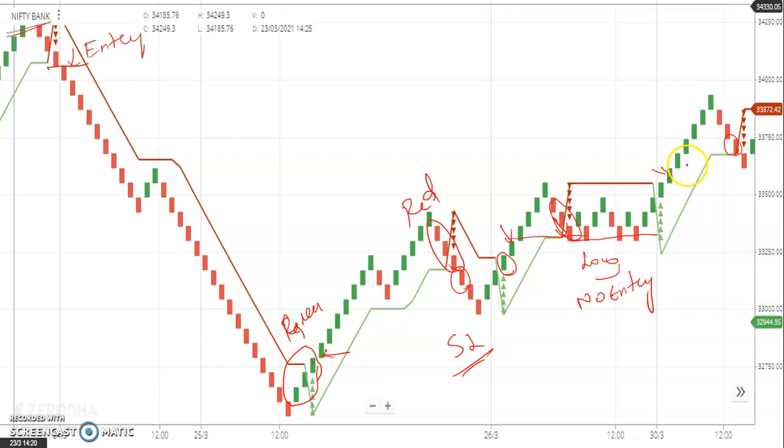It differs between individuals, but mostly it will be 22 or 44. That is the maximum risk we'll be taking in this strategy. And entry-wise, we used to make good money. In this case also, if you see, we entered somewhere around 34,200 and then we exited somewhere around 32,800. So we made 1400 points in Bank Nifty using a 5-minute chart.